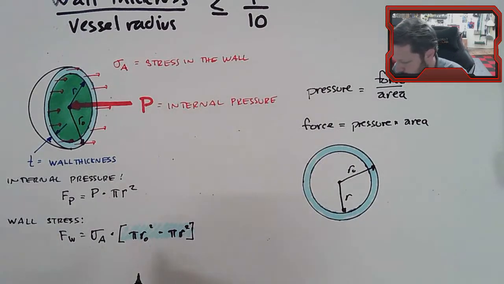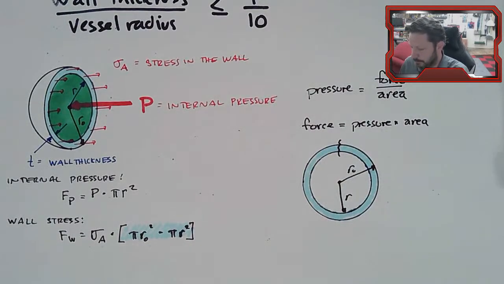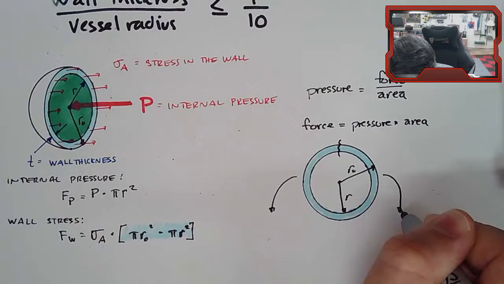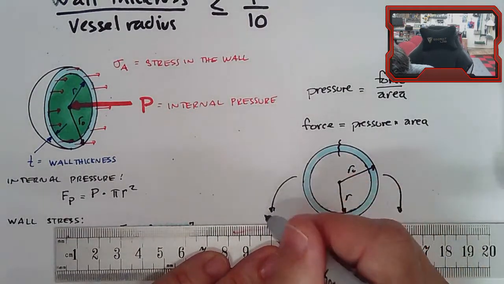What we're going to do is we're going to say that, well, let's just chop it open right here and flatten it out into basically this shape.